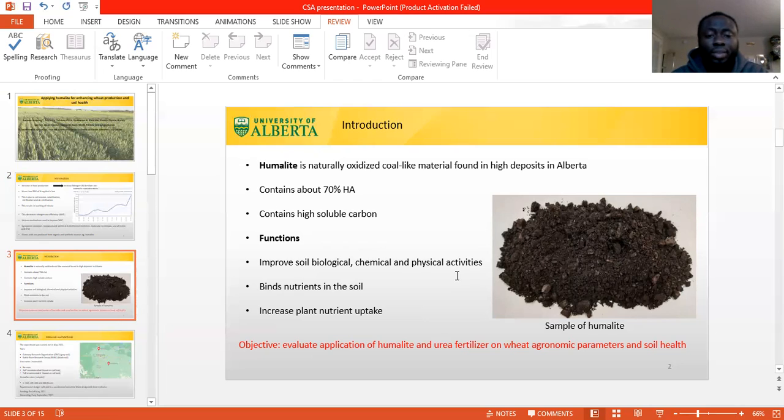So all these culminate in binding nutrients in the soil, which helps the plant to take up nutrients in a more efficient way. So the overall objective of this project was to evaluate the application of humalite and urea fertilizer on wheat agronomic parameters and soil health.